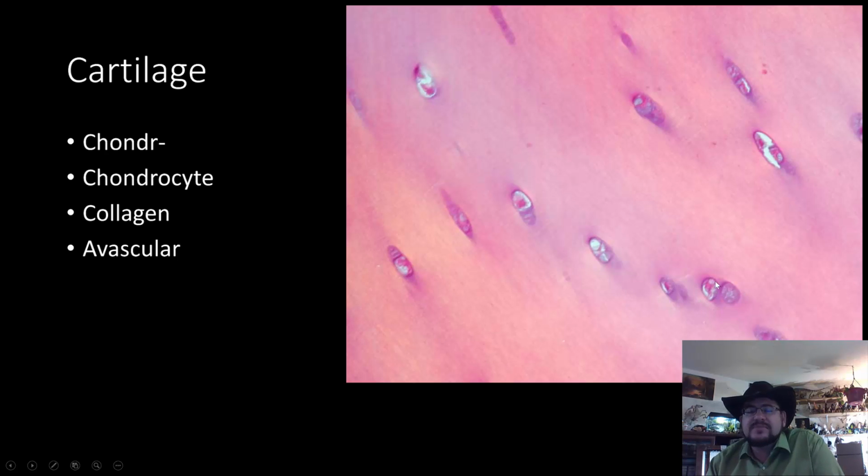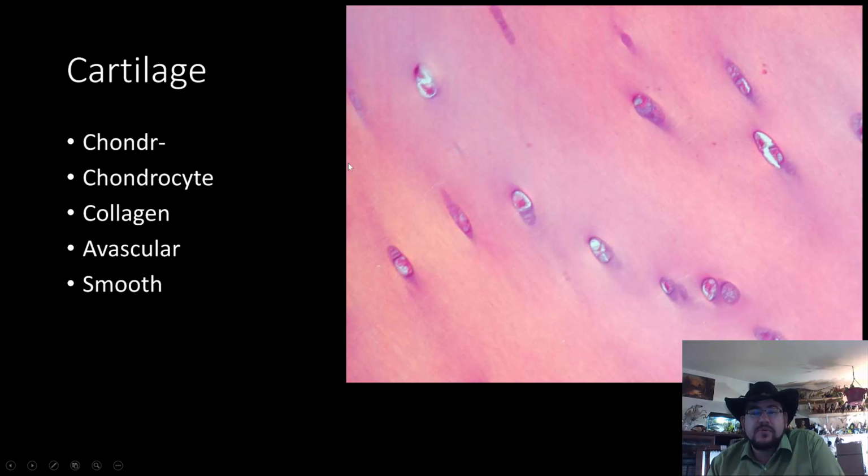Because when it comes time to heal, you need a nutrient supply from the blood, and there is no blood supply to the cartilage. So it's avascular, and there are also no nerves running through it. It's very simple tissue. And then finally, a big indicator is that it is very smooth.